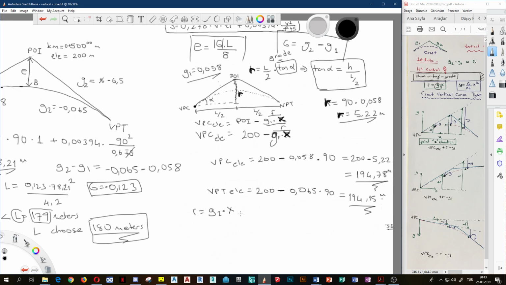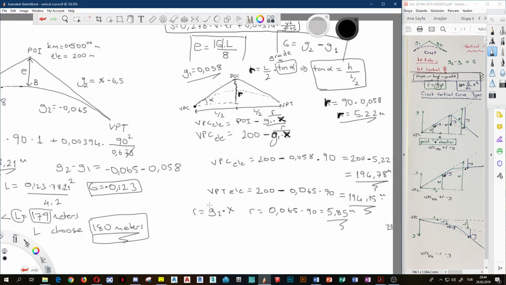X is 90 meters again. And what is the R? R is equal to G2, 0.065 times 90, and of course it must be the same, 5.85 meters. Yes, this plus this is equal to 200 meters.